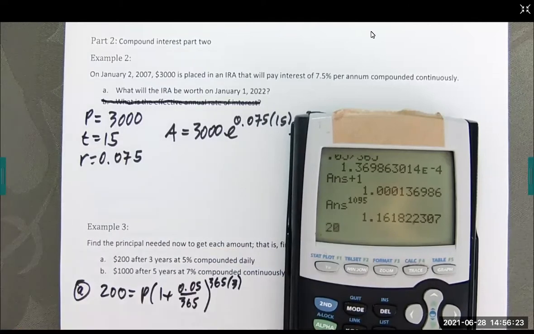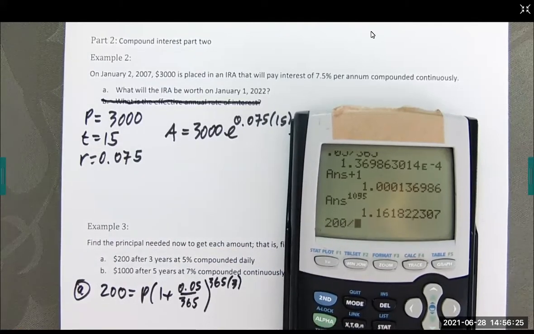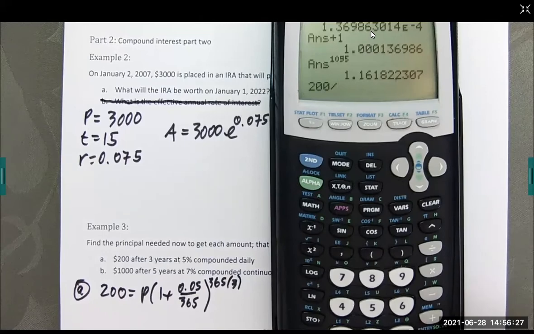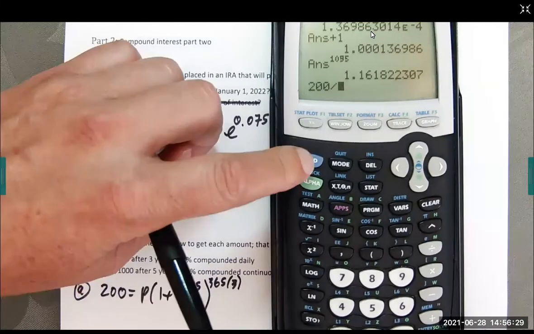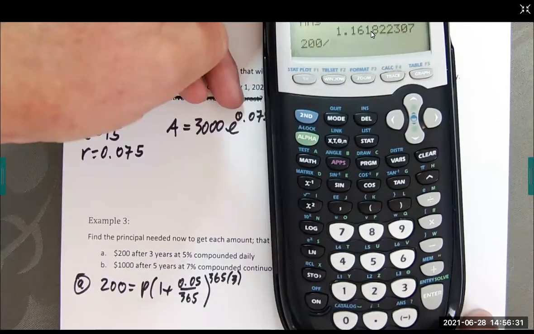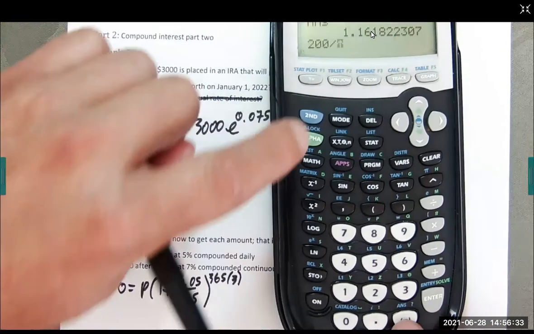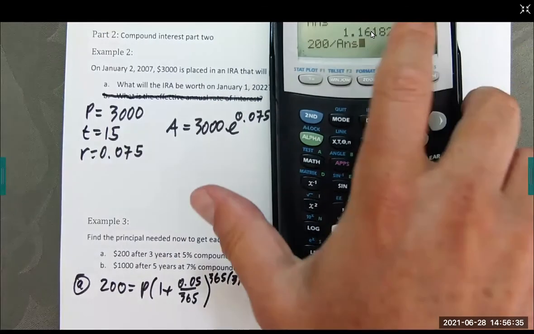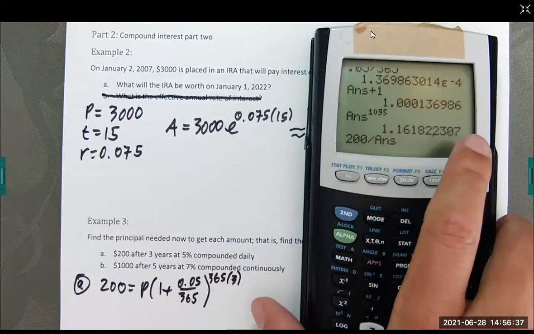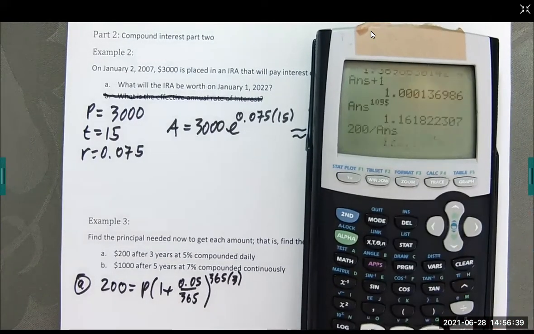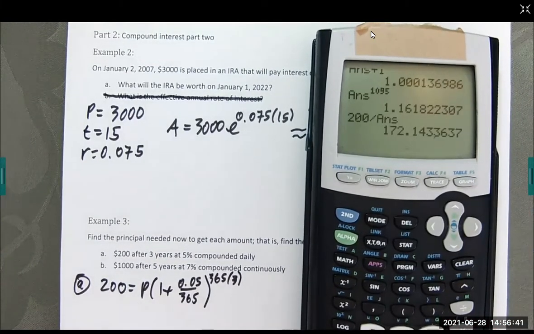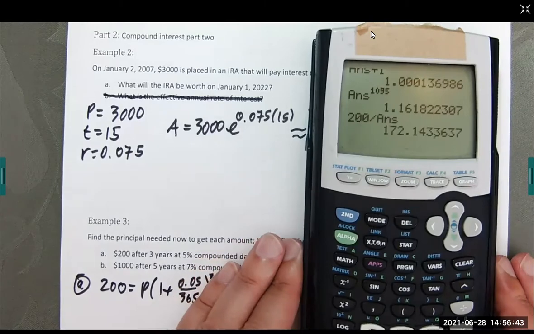So 200 divided by, and to get the previous answer, I can hit second, previous answer. That's going to put that 1.16 and so on, all those digits in there, so I get as accurate as I can. And it looks like $172.14.